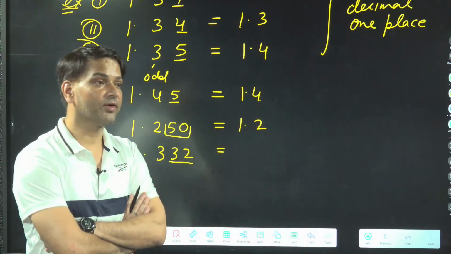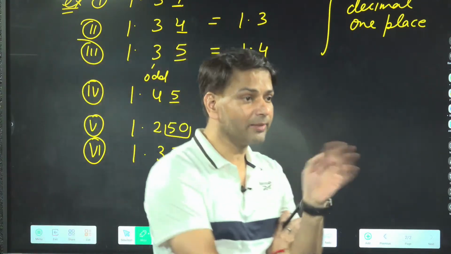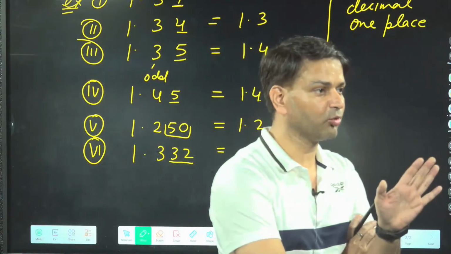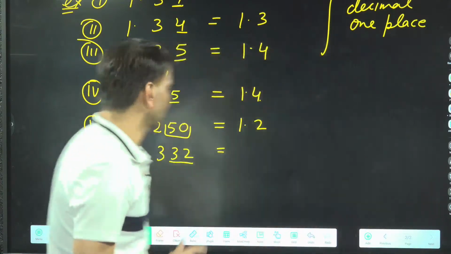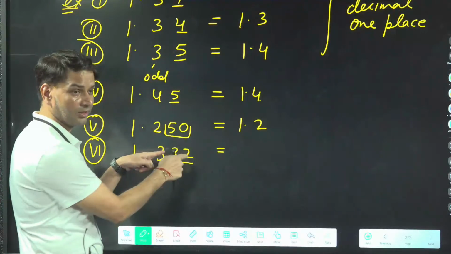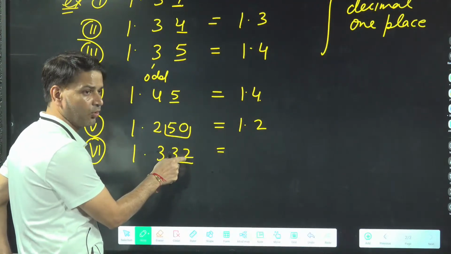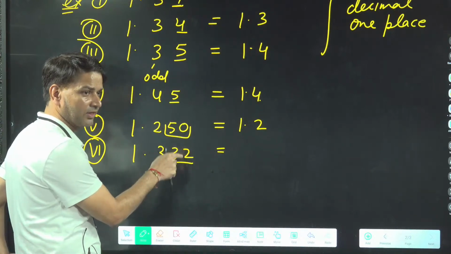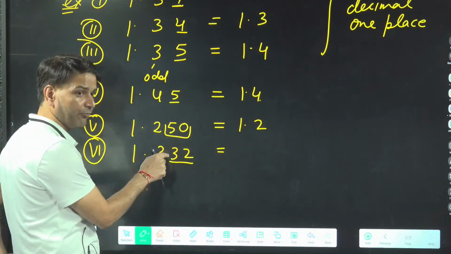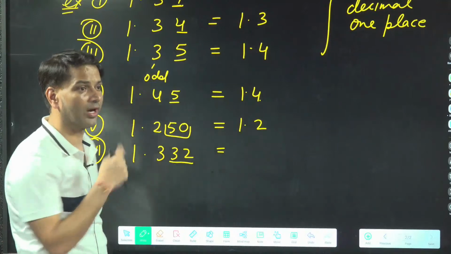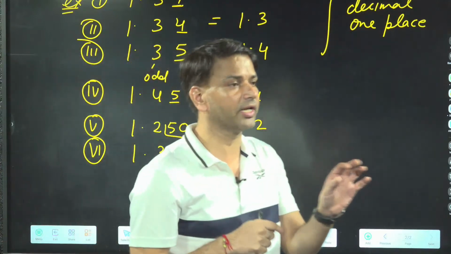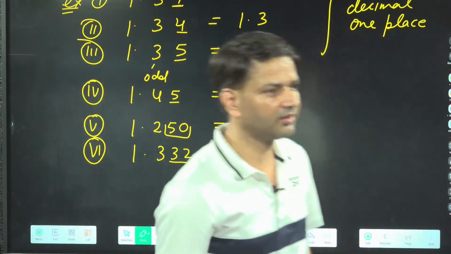Now again, what I said, I am not removing 32. What will you get here? There is a 3, 2. So maybe it is a chance like 3.3, 3.4, 3.5, up to 3.9. Then it will become 4. So ultimately like 1.34.